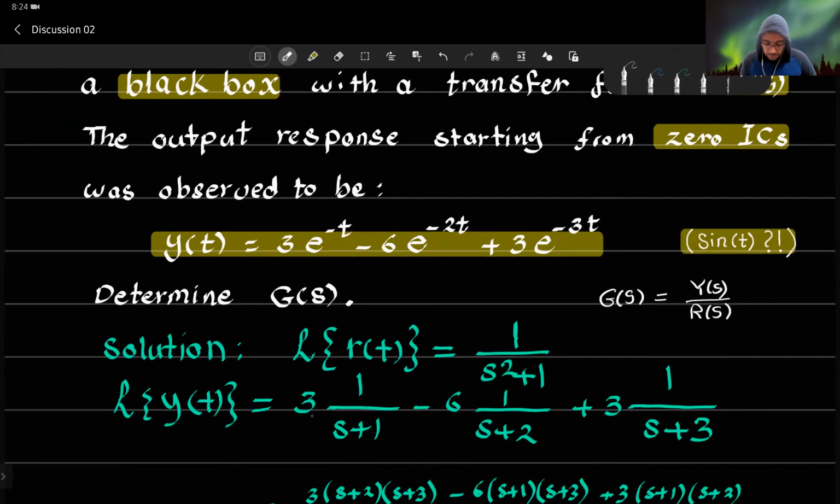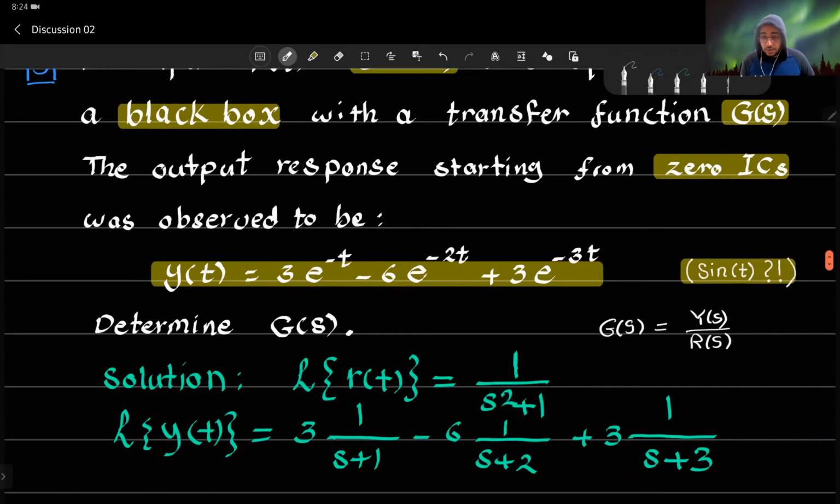And for the Laplace transform of the output, we have 3 exponentials, right? So we have 1 over s plus 1, and then minus 6 over s plus 2, and then plus 1 over s plus 3.